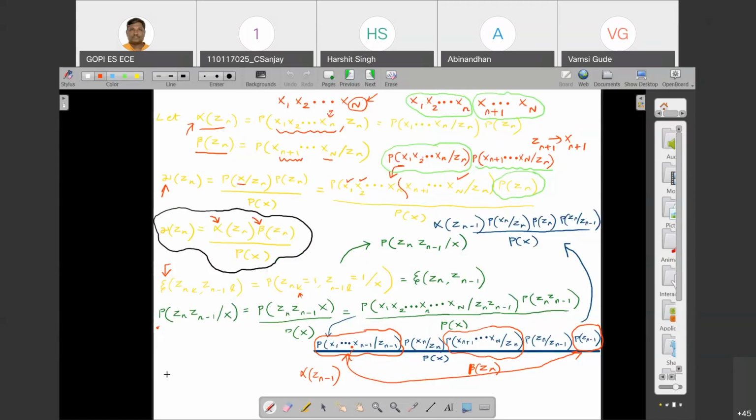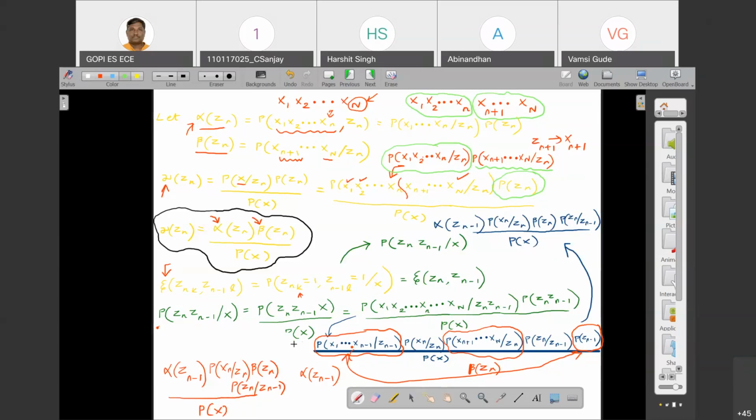The expression is alpha of Zn minus 1, into probability of xn given Zn, and then into beta of Zn, into probability of Zn given Zn minus 1, in the numerator, and in the denominator you get only the probability of x. So this is the final expression for zeta. We are writing this in terms of alpha and beta. That is the idea.